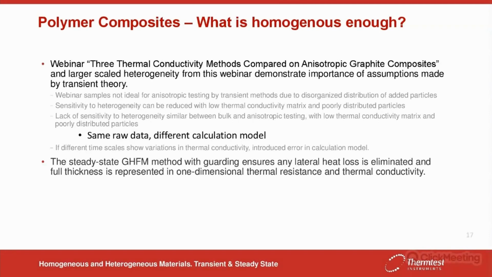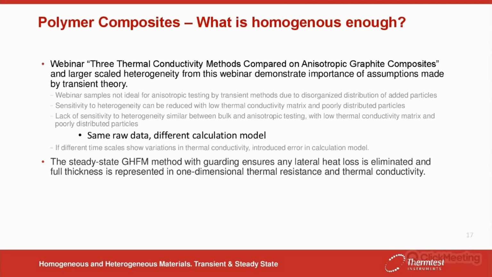And there is a very specific need to use resistance-based methods depending on your material type, and how the material characteristics, whether isotropic or anisotropic, homogeneous or heterogeneous, are going to impact the use of a method.